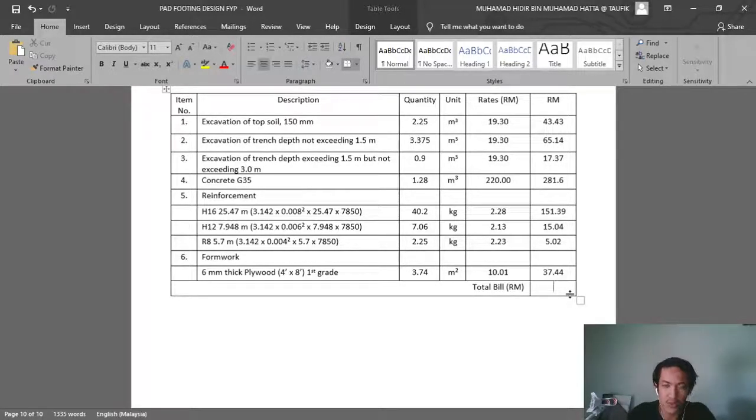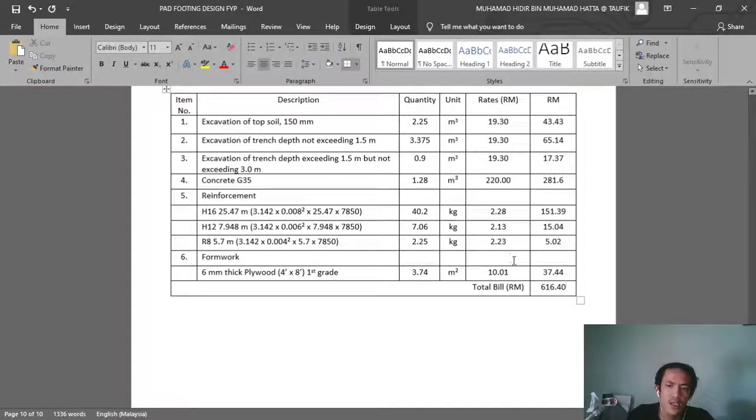Actually, I just want to show all of you how to calculate the BQ, which is to sum up all the prices that we use in constructing the pad footing. After I have summed up all these prices, I get the total bill for this pad footing only, which is RM616.40.